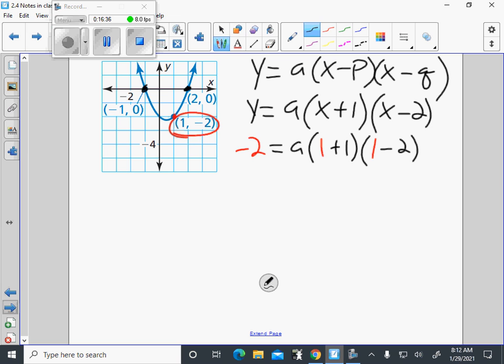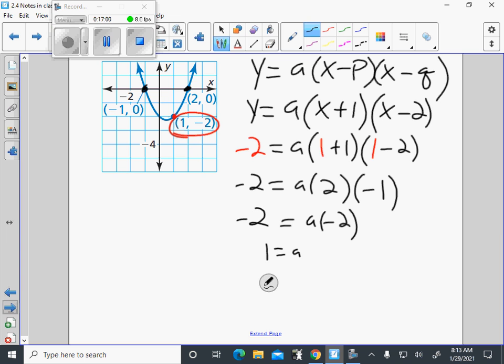Okay, so all we did was plug in our x and y. Now solve for a. Doing some math here, 1 plus 1 is 2, so we're going to get 2 times 1 minus 2, which is negative 1, equals negative 2. Okay, what's 2 times negative 1? We get a times negative 2 equals negative 2. Divide by negative 2 on both sides, we'll get 1 is equal to a.